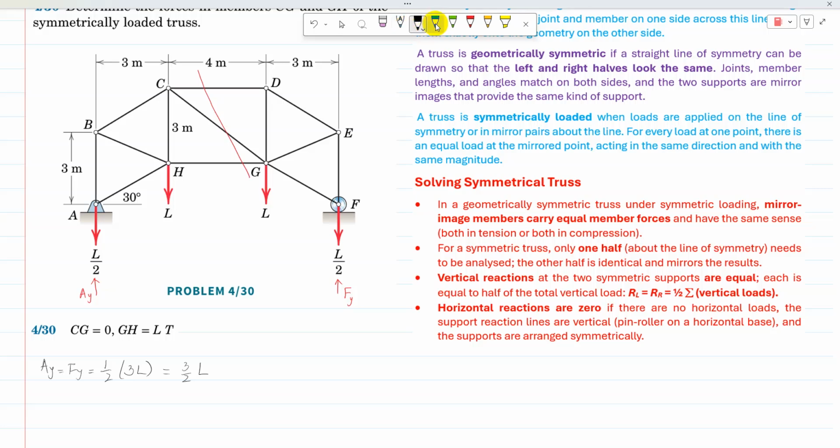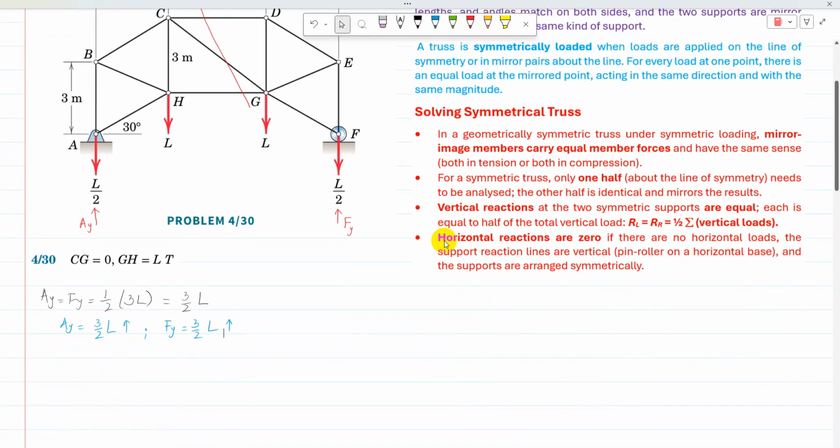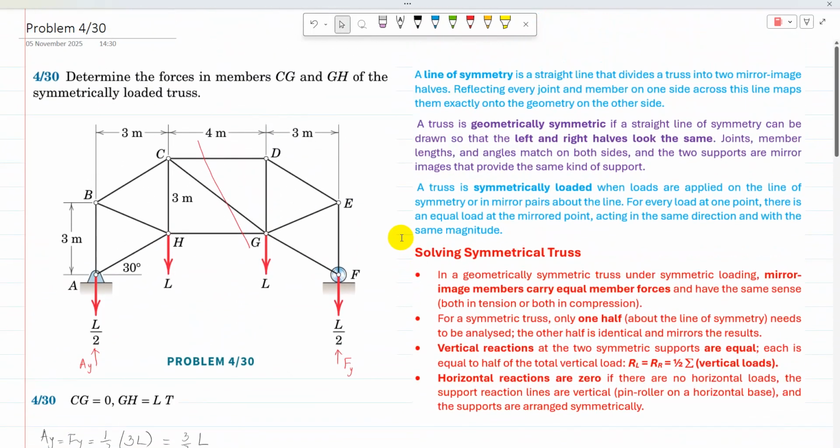So the answers are Ay is 3/2 L upwards and Fy is 3/2 L in the upwards direction. So the reactions are determined for the symmetrical truss.